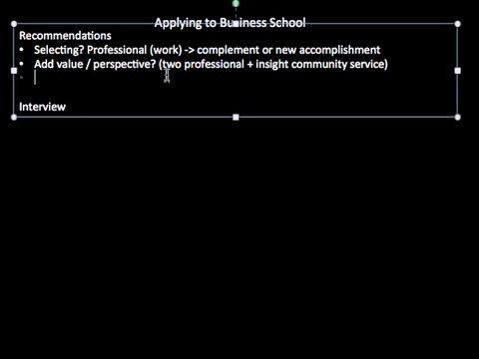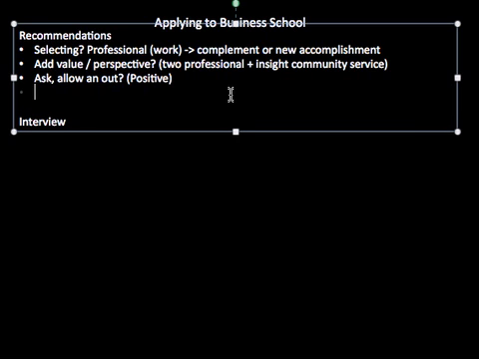After you have selected those recommenders, you have to ask them, and I would also stress, allow an out. They might be very busy, they might not have the time, or you want to make sure that they can give a positive recommendation of you. So ask them, can you write a recommendation for me, and just be completely honest and open with them. If they for some reason cannot write a recommendation of you, you want to show yourself in your best light within your application.